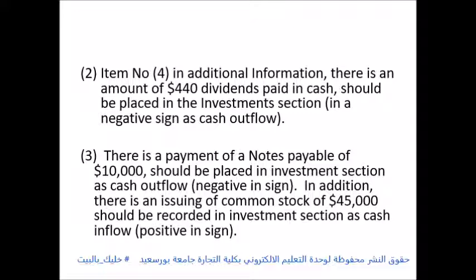That means the cash outflow should be between brackets, because the journal entry indicates that there is a cash outflow. There is a payment of notes payable of 10,000. It should be placed as a cash outflow, negative, inside.